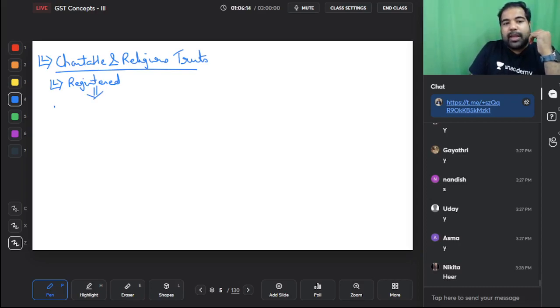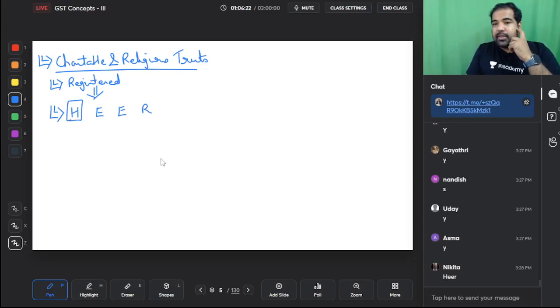First, any services that you provide in the nature of HEER. What is HEER? Let's see. If you are a trust providing healthcare services to terminally ill patients, underprivileged people, AIDS or HIV patients, very poor people, and you're charging a nominal amount, there will be no GST.